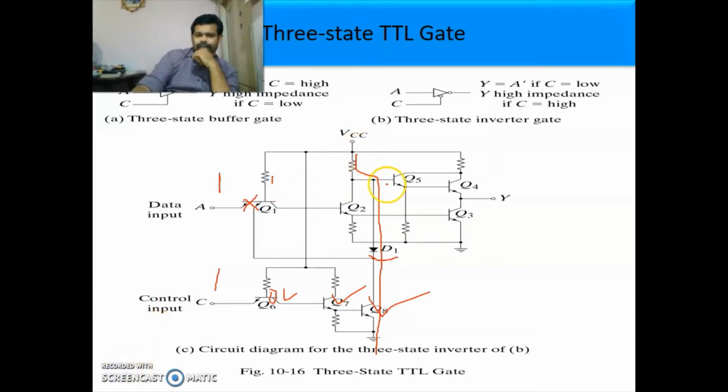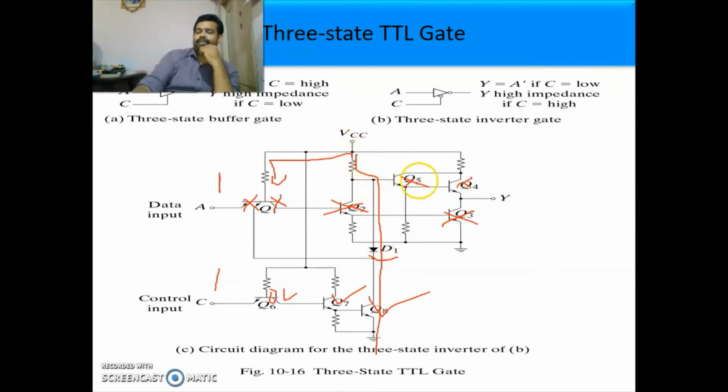Since more current is flowing in this direction, the amount of current flowing in this direction when the collector base junction is forward biased is unable to make the collector base junction conduct, so Q2 is off and Q3 is off. Similarly, Q5 and Q4 are also off, because more current will be flowing in this direction.